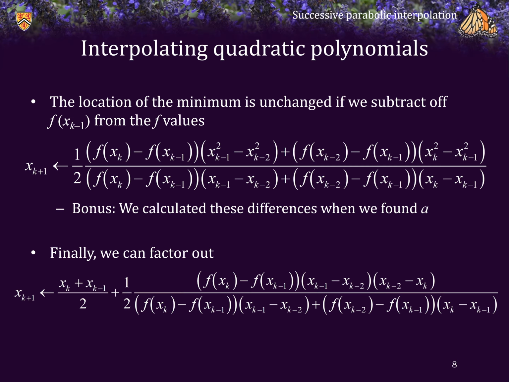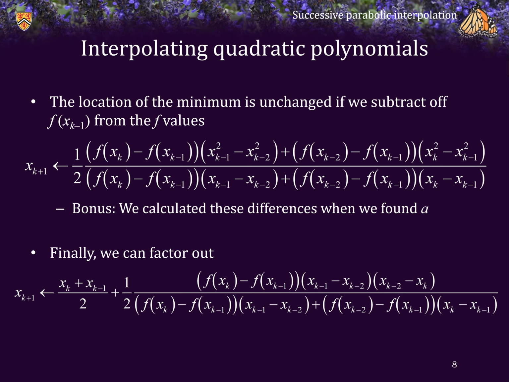You will also notice that, after all, if x sub k and x sub k minus 1 are the two smallest values, chances are the minimum of the interpolating quadratic will be close to one of these two values. Consequently, the expression on the right should be reasonably small.